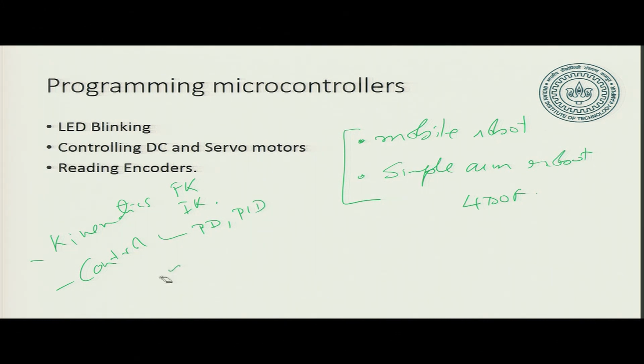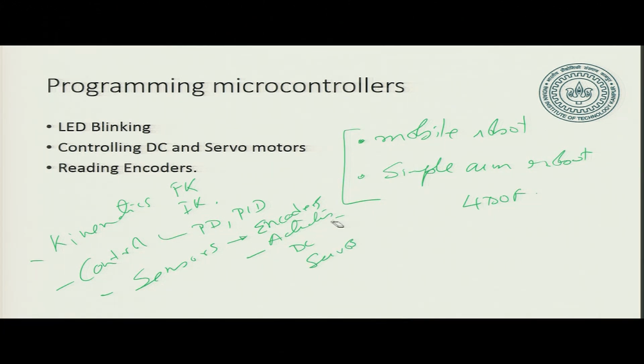So, sensors also, the different kind of sensors which are required we have studied. So, the sensors are like encoders. So, we have encoders, and then we have actuators like DC motors and servos.